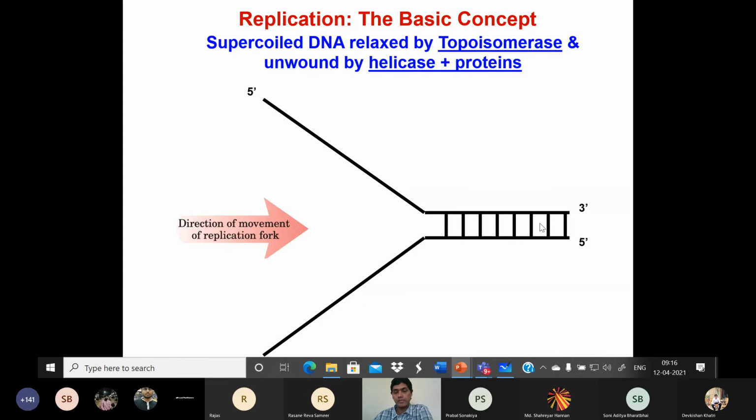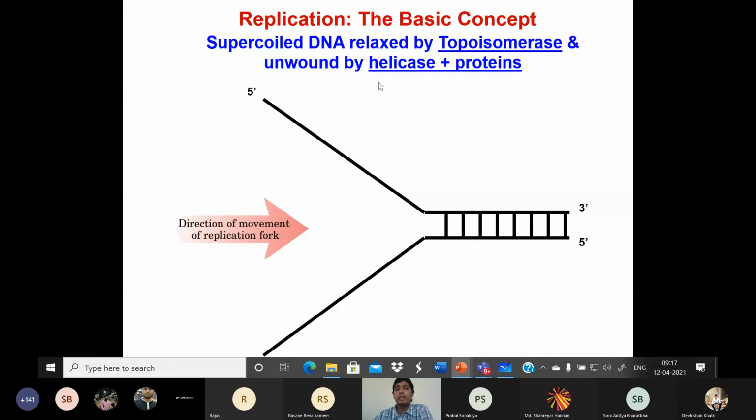But still, this hydrogen bond needs to be broken so that single strands are available for the synthesis. As I explained, you need a single strand to use as a template, so that whatever information is written in this strand, it will copy to the other strand.